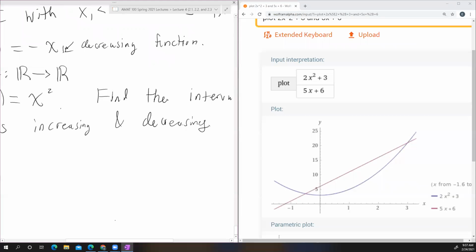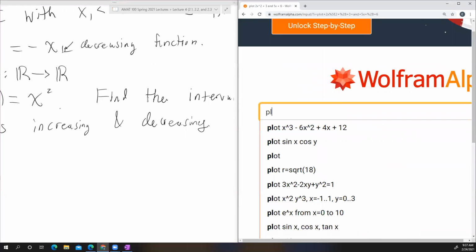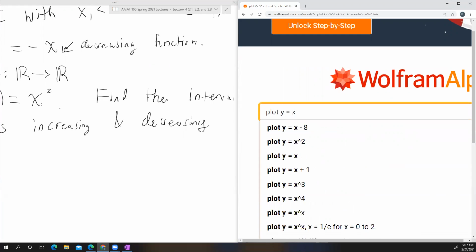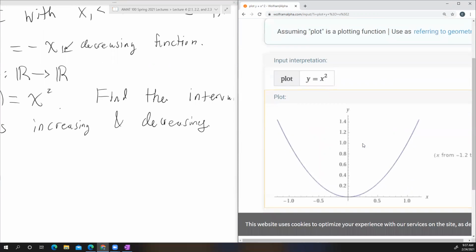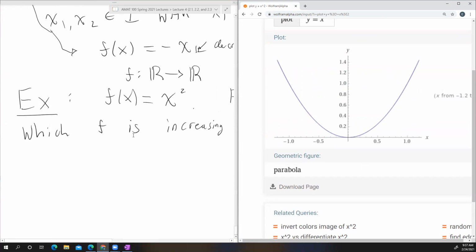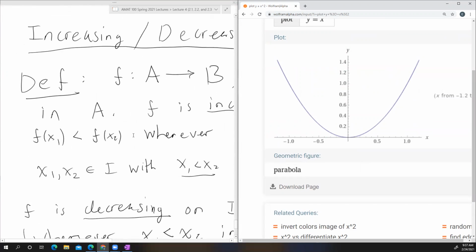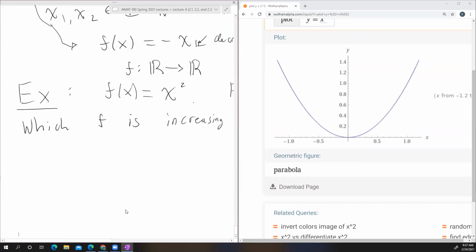Well, since I have Wolfram Alpha open, I'll just plot it using Wolfram Alpha. So we're going to plot y is equal to x squared. And it's clear, I think, from the picture that the graph of this is decreasing from negative infinity to 0.